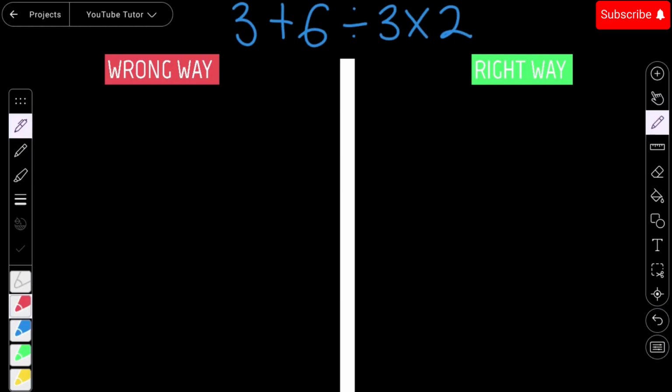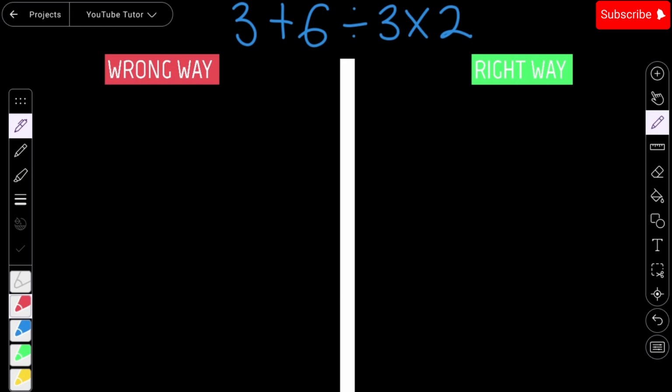Okay, there is this question which says 3 plus 6 divided by 3 times 2. So we follow the drill: we go by the wrong way, point out the mistake, and show you the right way for an optimal solution.